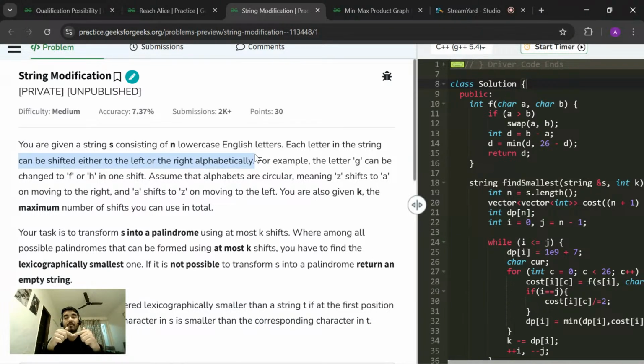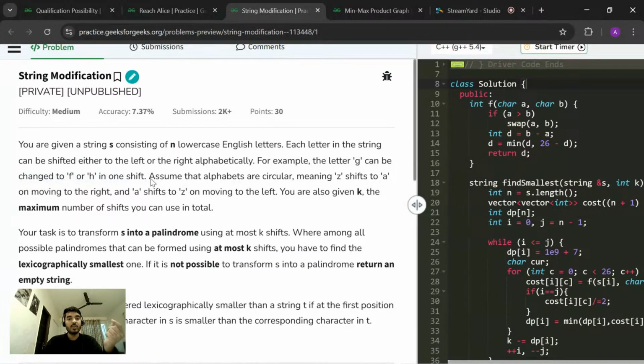If you apply a left shift on a character A, it will be converted to Z. If you apply a right shift on character A, it will be converted to B. If you apply a left shift on Z, it will be converted to Y, and a right shift will convert it to A. So for example, the letter G can be changed to F or H: F for a left shift and H for a right shift.